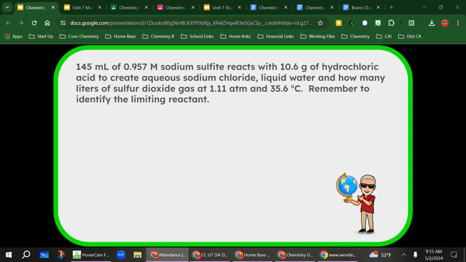Is there 3 on both sides? No. 2 reactants, 3 products.